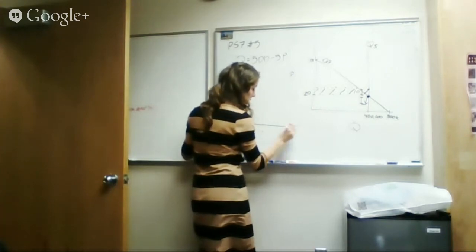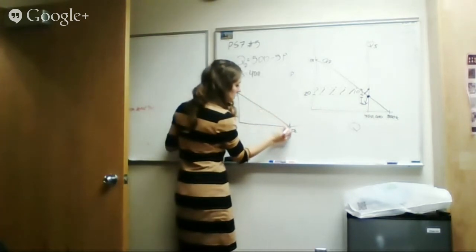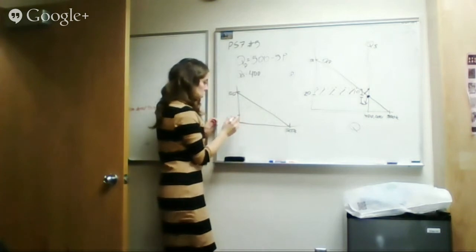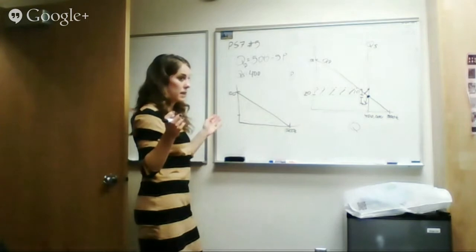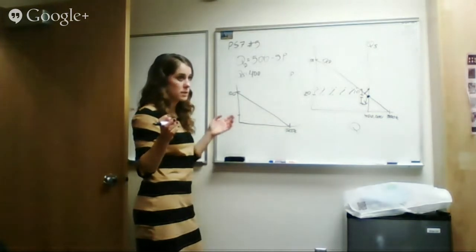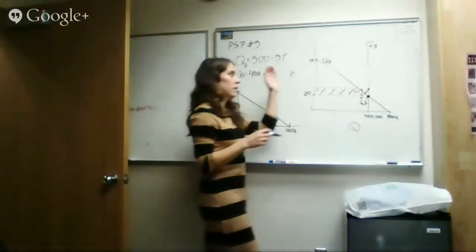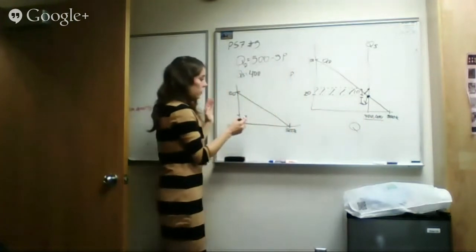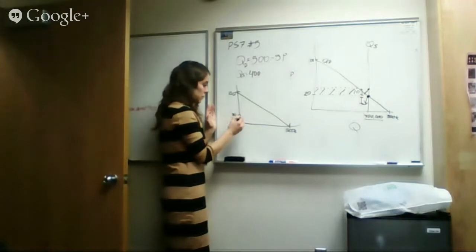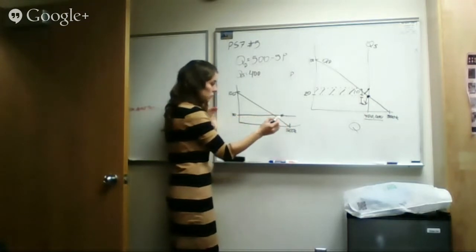Okay. But now they're asking us to assume that the suppliers will produce any amount that they want at a $20 price. So instead of having a curve where the quantity is always 400,000, we're going to have a curve where the price is always 20. So this is going to be the supply curve.